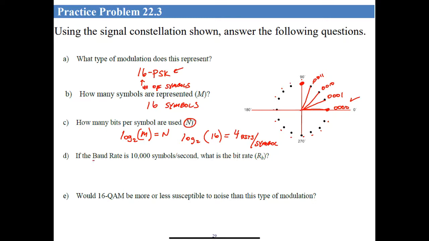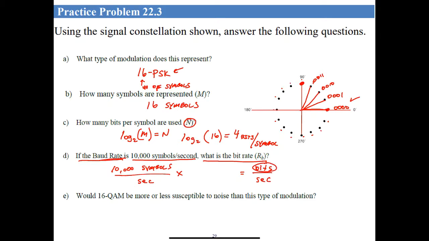What's the baud rate? Remember, baud rate is the symbol rate. If the baud rate is 10,000 symbols per second, what is your bit rate? We have 10,000 symbols per second, and we want to find bits per second. So what do we need to multiply so that symbols cancel out and we have bits in the numerator of our answer?